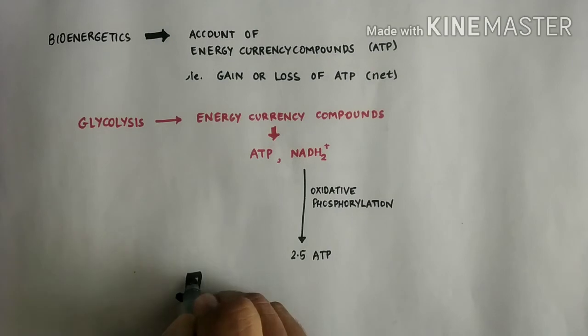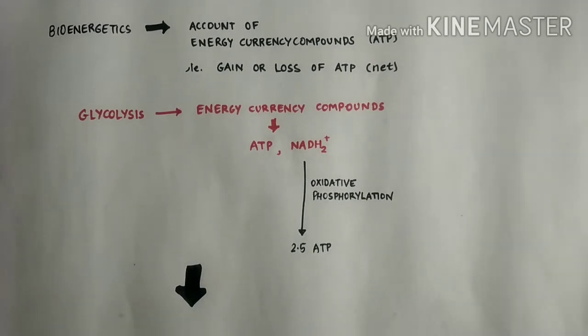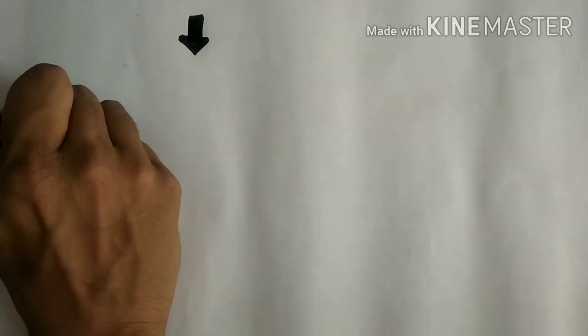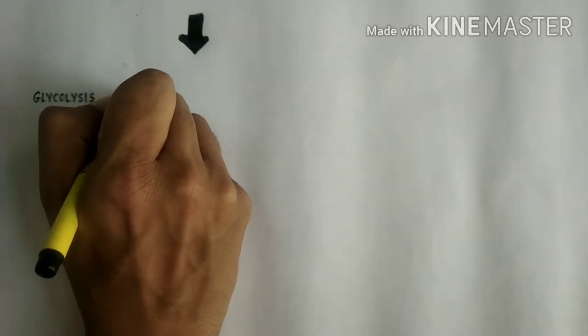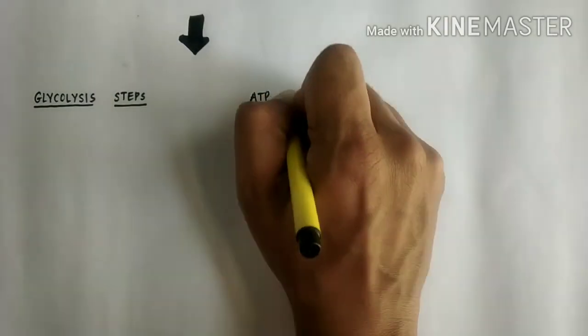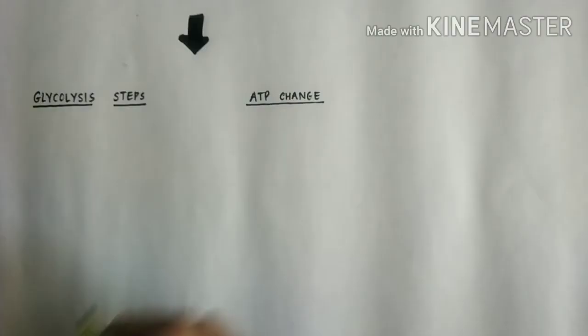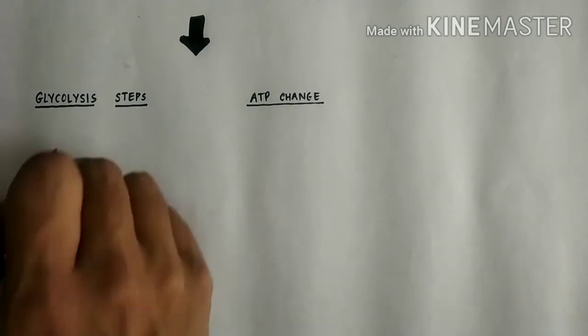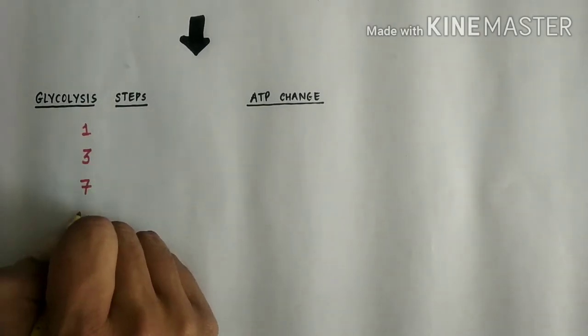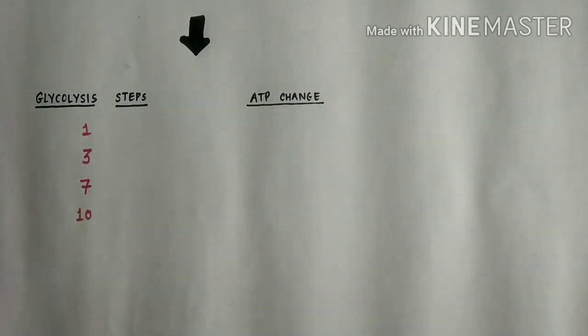So virtually 1 mole of NADH2+ is equivalent to 2.5 moles of ATP, but in specific conditions only. We will learn about these in a few minutes. First, let's see the accounts of direct ATP in the process of glycolysis. We will see about NADH2+ later.